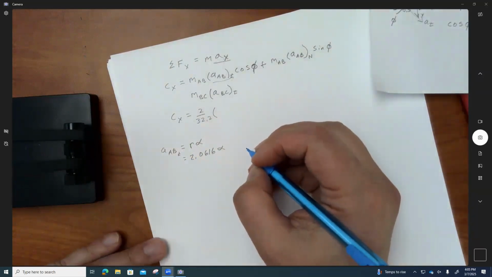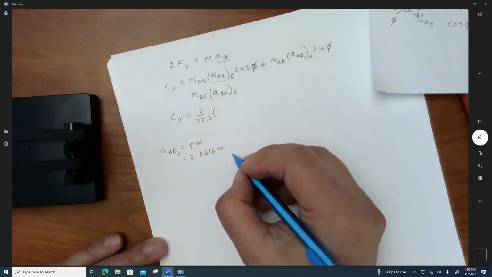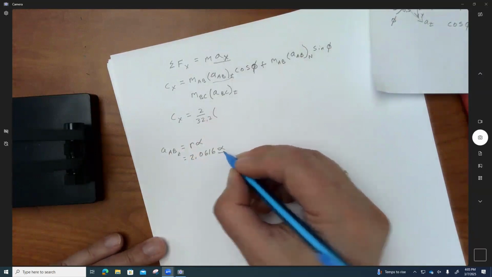And we figured out what our alpha is. So we're going to plug that into there.